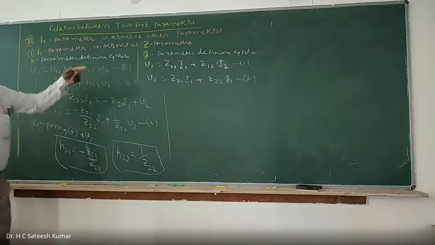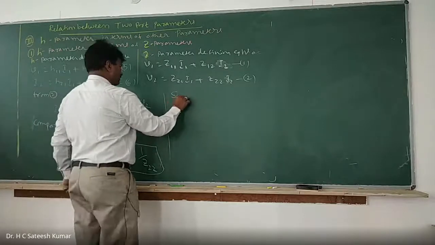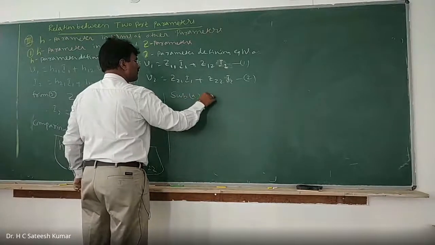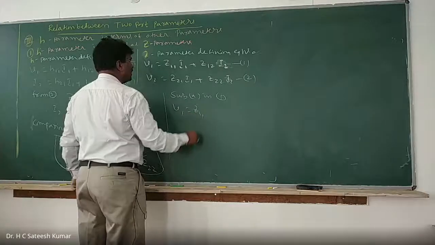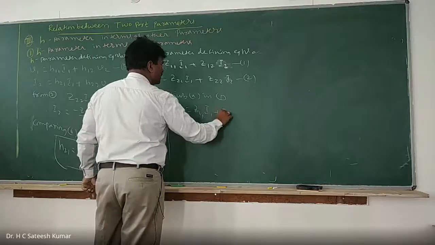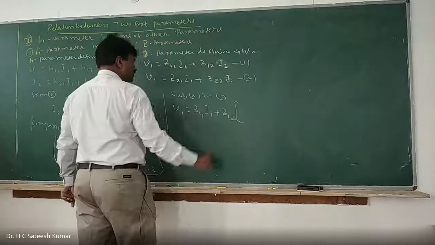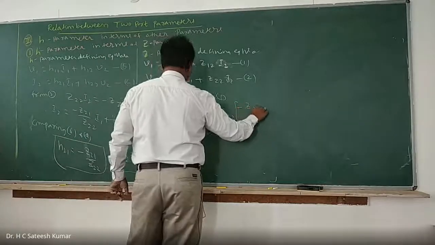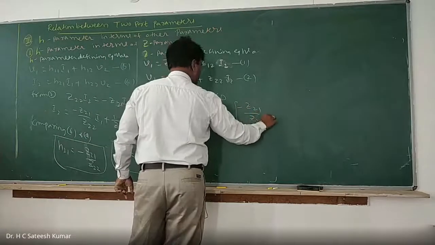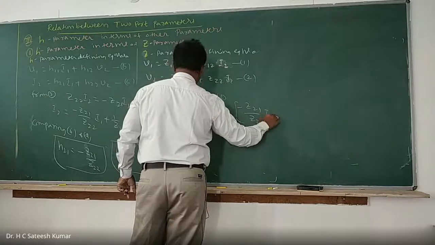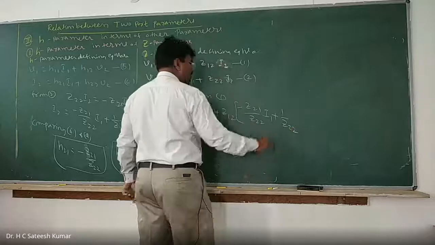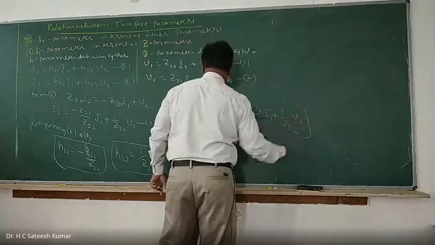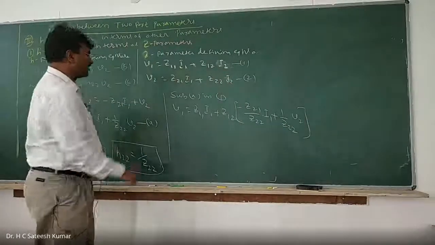Substitute A in equation 1. Substituting A in 1. V1 is equal to Z11 into I1 plus Z12 into I2. I2 is minus Z21 divided by Z22 into I1 plus 1 by Z22 into V2. Now, group I1 components.